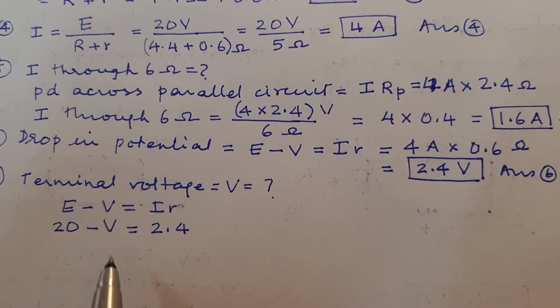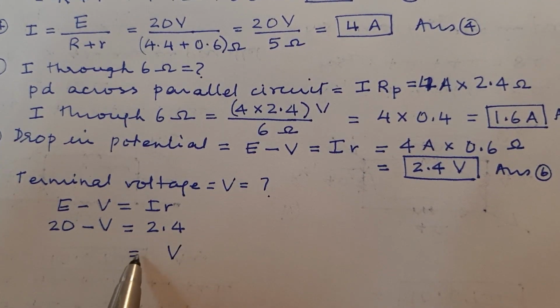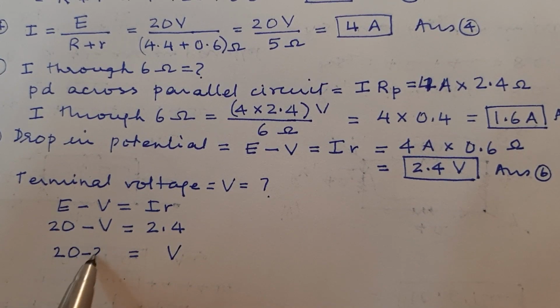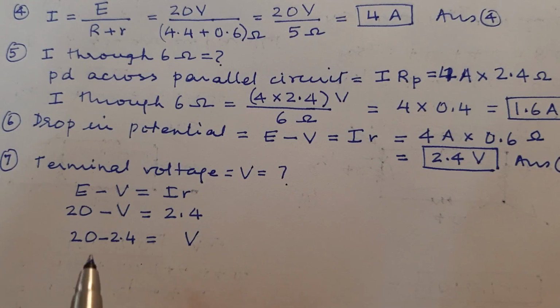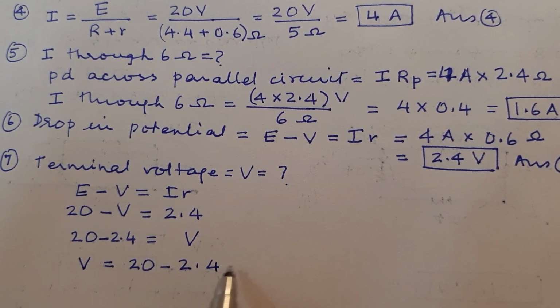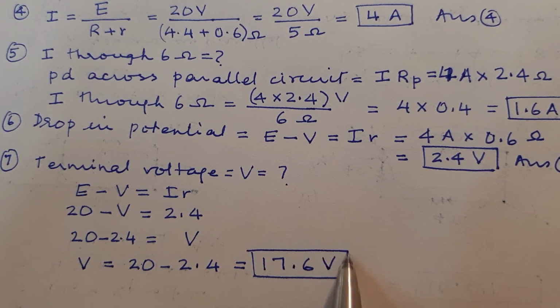And so you will see V is equal to 20 minus 2.4, which is 17.6 volts, and that is our answer 7.